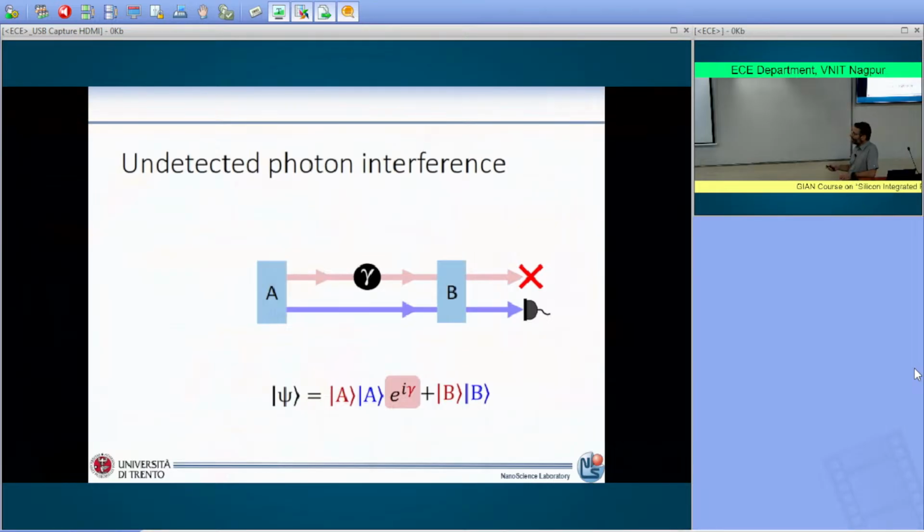And now at the end, the wave function results simply from the superposition between the idler photon generated by the first source, plus the signal photon generated by the second source. But we don't know whether the photon pair has been generated by the first source or by the second source.